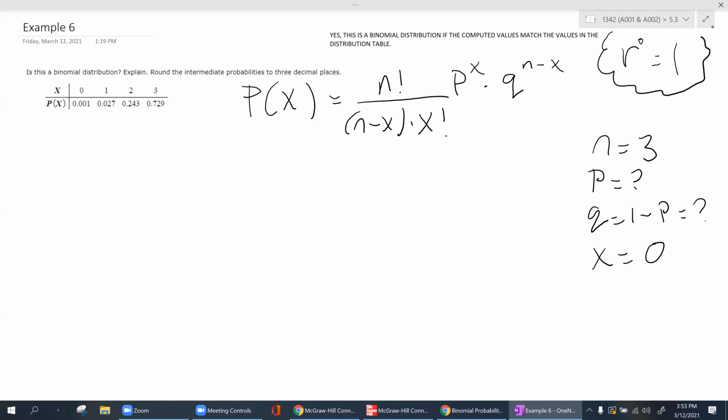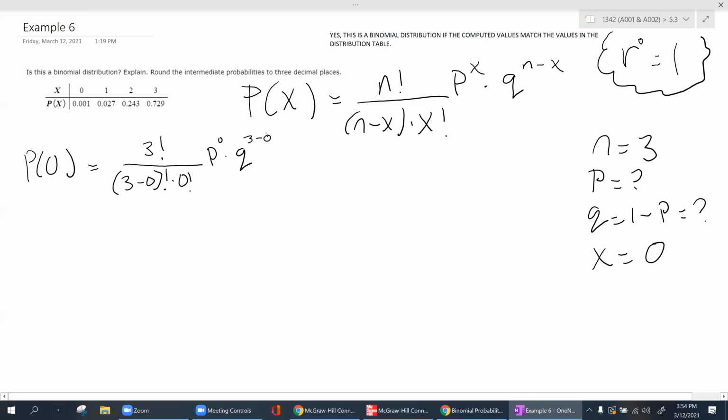So let's plug that in. P of 0 is equal to n factorial, which is 3 factorial, over 3 minus 0 factorial times 0 factorial, times p to the 0 times q to the n.